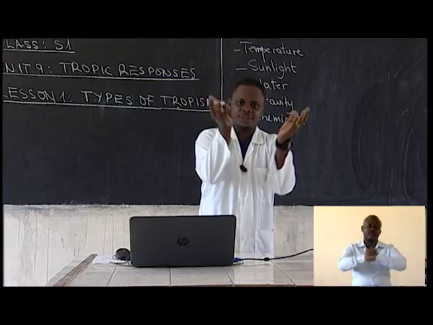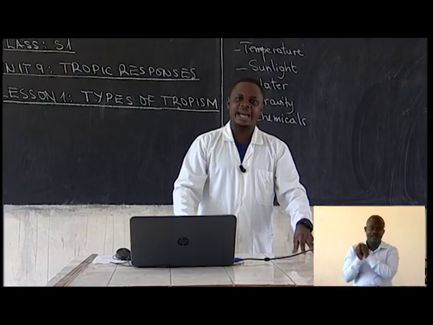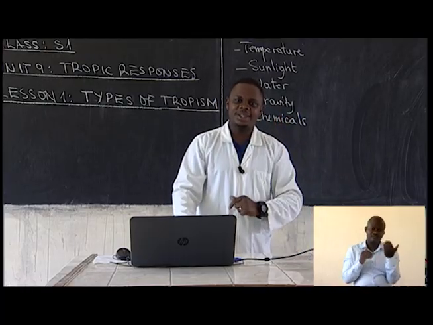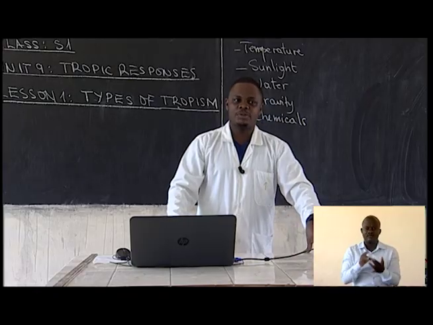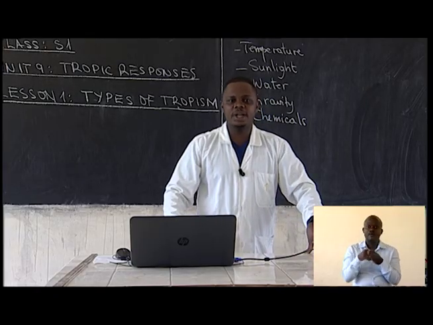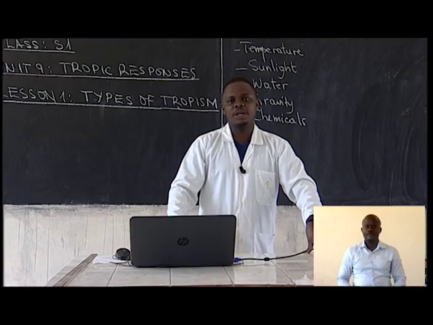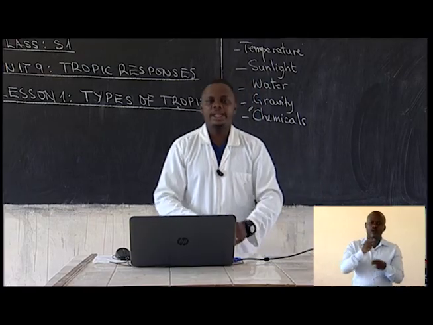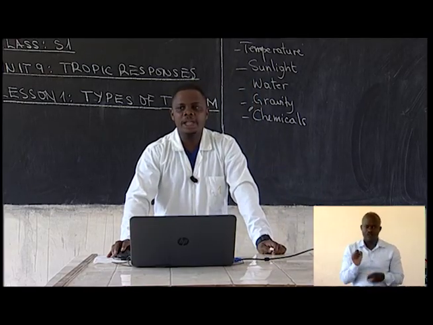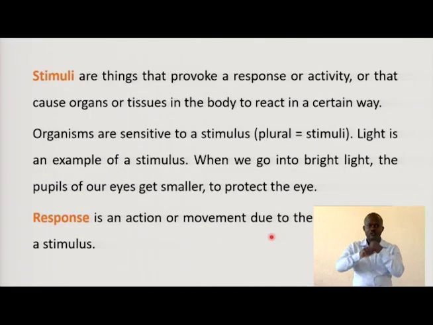When cells are together and they are adapted or specialized to perform a particular function, that's what we call a tissue. Then response is an action or movement due to application of stimulus. That means when a plant grows towards a stimulus, that is what we call response.